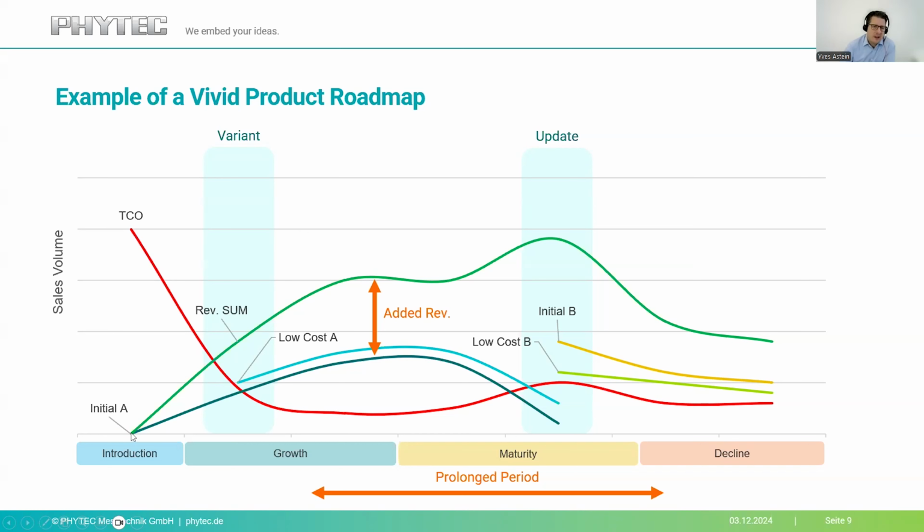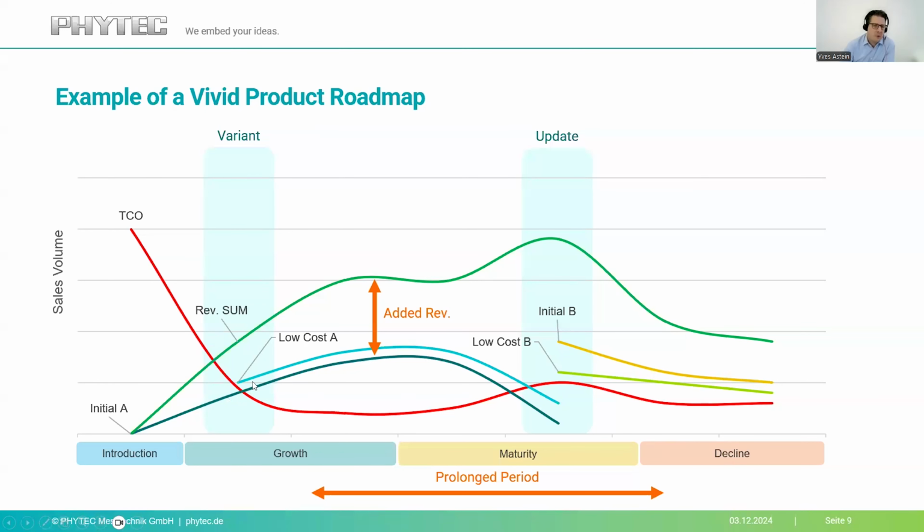And if we say you start a typical product design with introduction, growth phase, maturity, and decline of the product sales, you would start off with a product like initial A, is what I call it, the dark green line. Typically, in the introduction phase, you don't have many sales, but at some point your revenue starts going up in the growth phase, and then it slowly goes down through the maturity into the decline. That would be a typical product lifecycle, right?